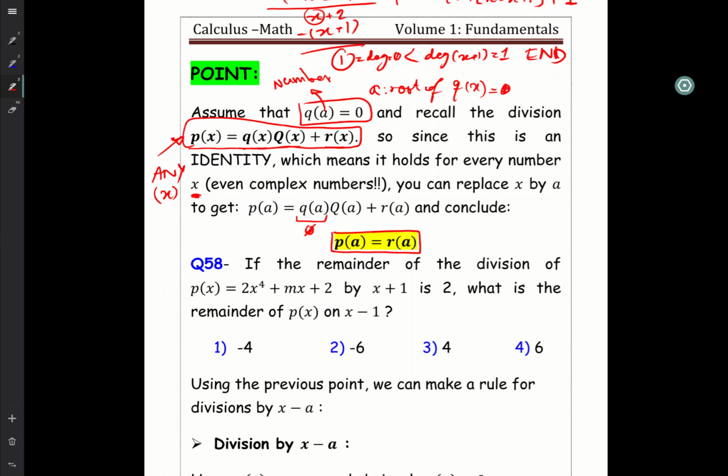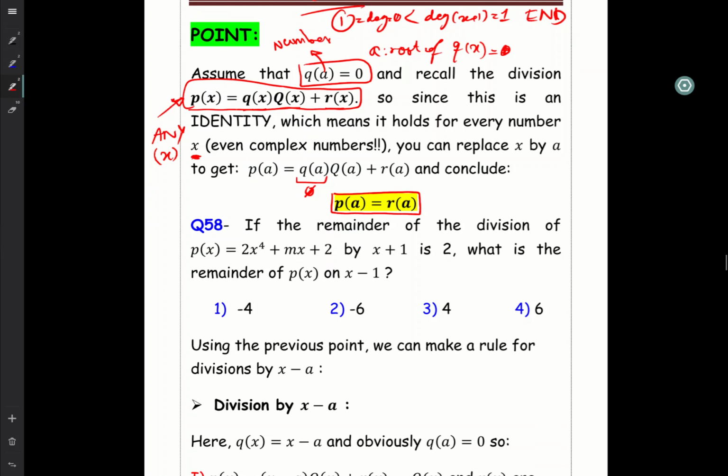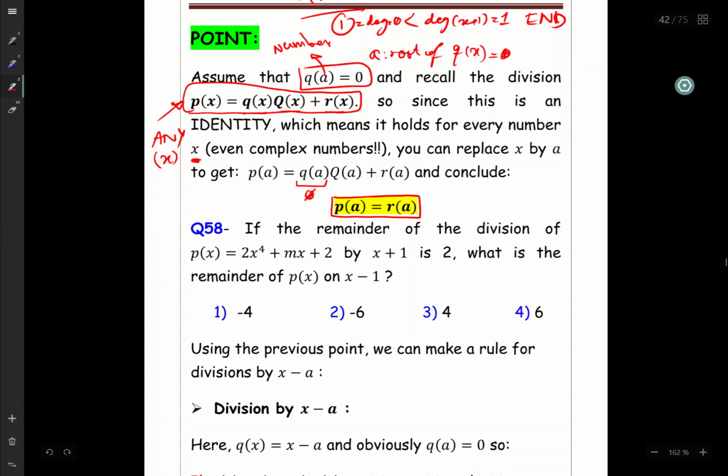So this is interesting: we can evaluate the remainder at the roots of q without calculating the remainder. We're not calculating r(x), but we already know that r(a) should be equal to p(a), and p is given.